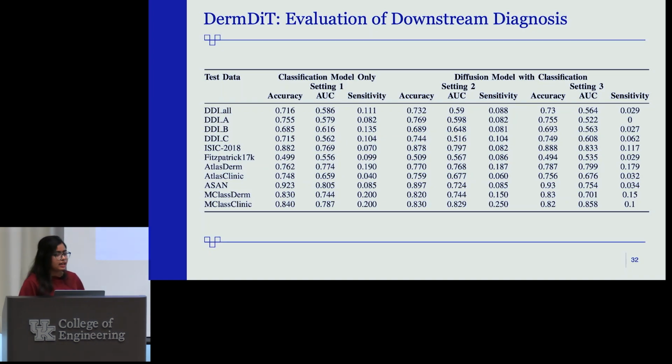But in these 2 settings, it was trained with real data and has seen the synthetic images during its training process. If you see all the results, the classification models in setting 1 and in setting 2 and setting 3 provided comparatively similar results, which indicates that the diffusion process really learns the distribution of the real image dataset, which enables the classification model to generate results similar to the one trained with the real ISIC dataset.